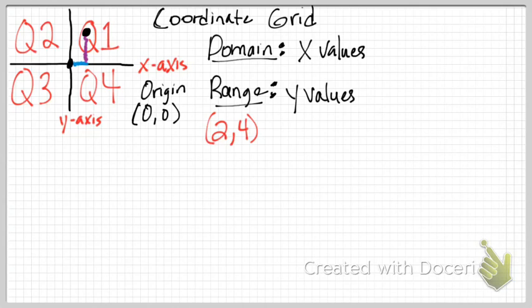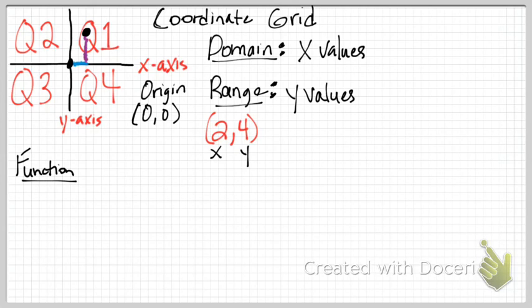And if the x is negative, you're going to be going left. If the y is negative, you go down. So my first one is my x, my second one is my y. Basic graphing.